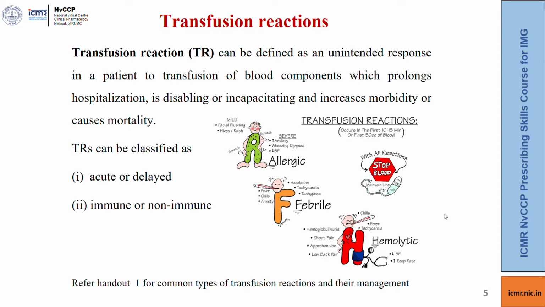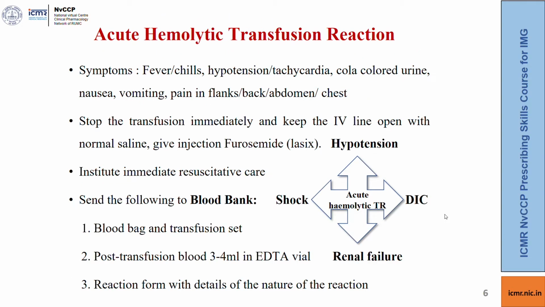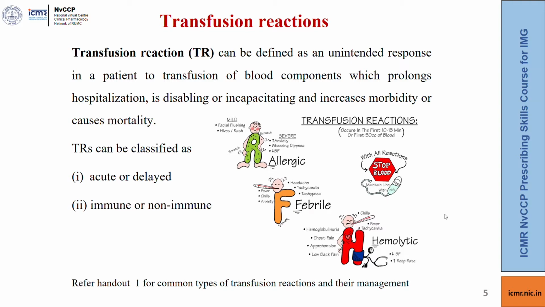So we will first discuss in some detail the acute hemolytic transfusion reaction, which may be suspected, as you can see in this cartoon, when a patient experiences fever with chills, hypotension or tachycardia, cola-colored urine in the urine bag, or complaints of nausea, vomiting, or pain in the flanks, back, abdomen, or chest after starting a transfusion.